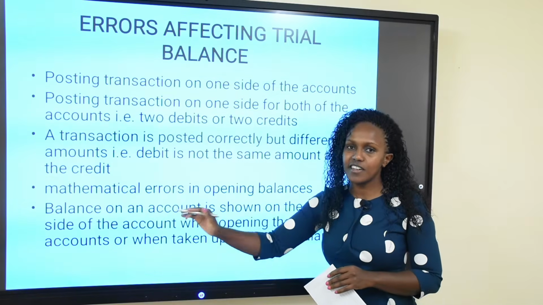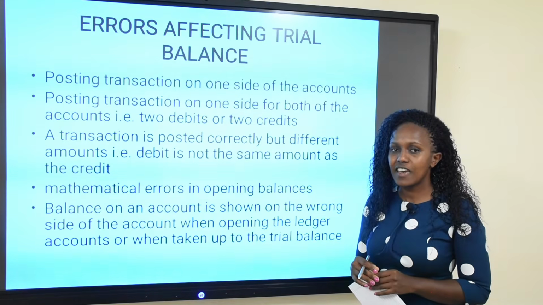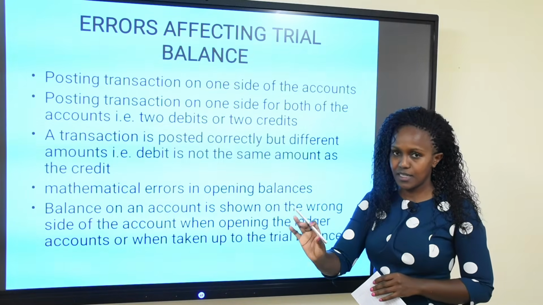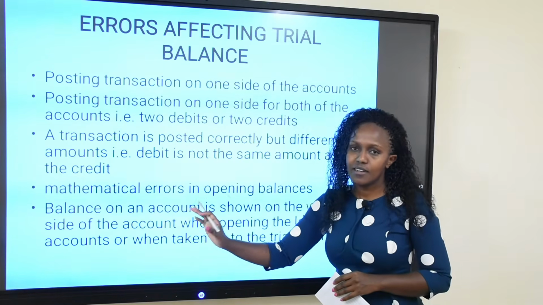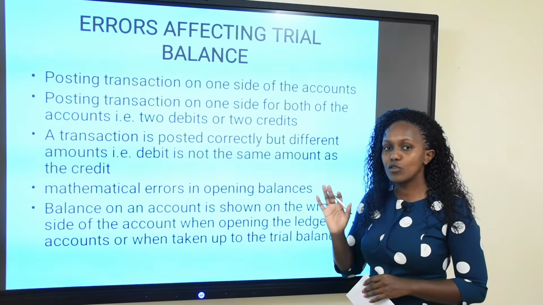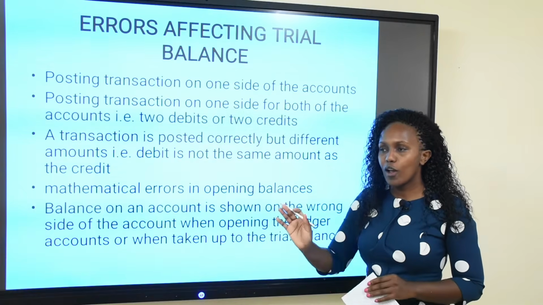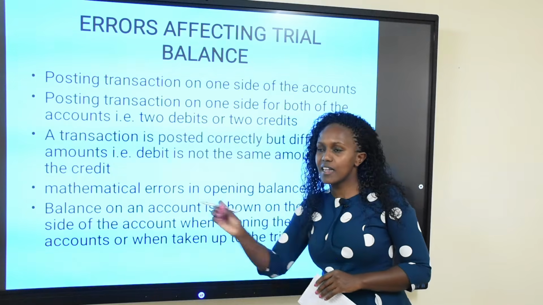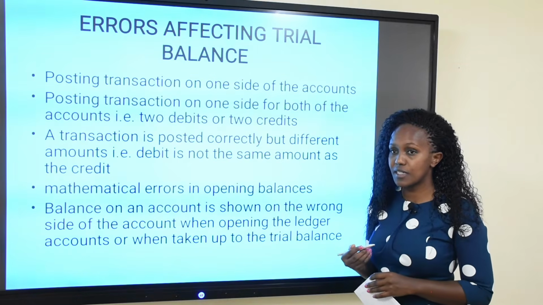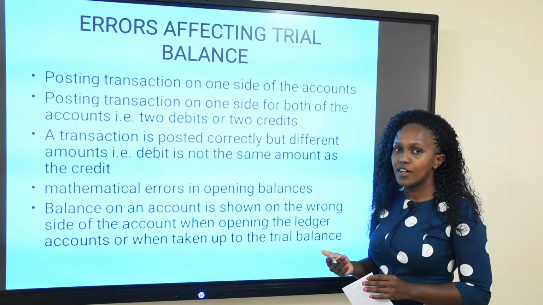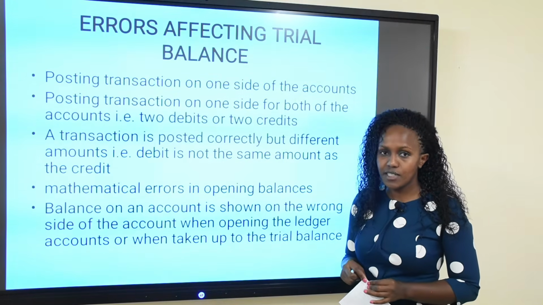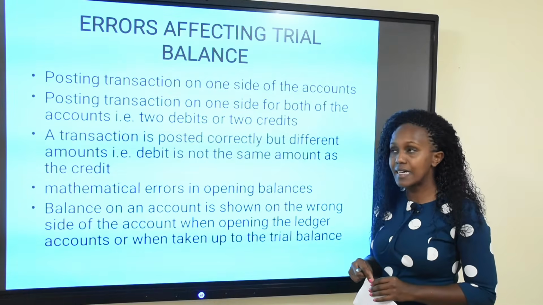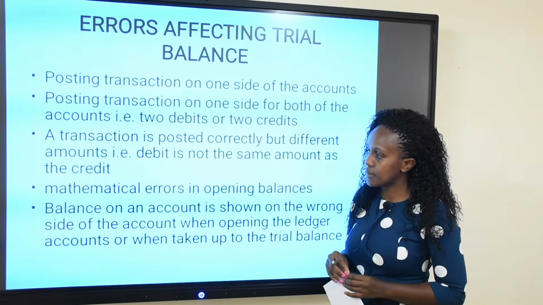You credit 300. So here the error is that it was done correctly with the right accounts. You have debited purchases, you have credited cash, but with different amounts. While one you have debited 3,000, by error, you have credited the other with 300 shillings, which was the correct entry according to my example. Here the trial balance will not agree. That is another error that does affect the trial balance.